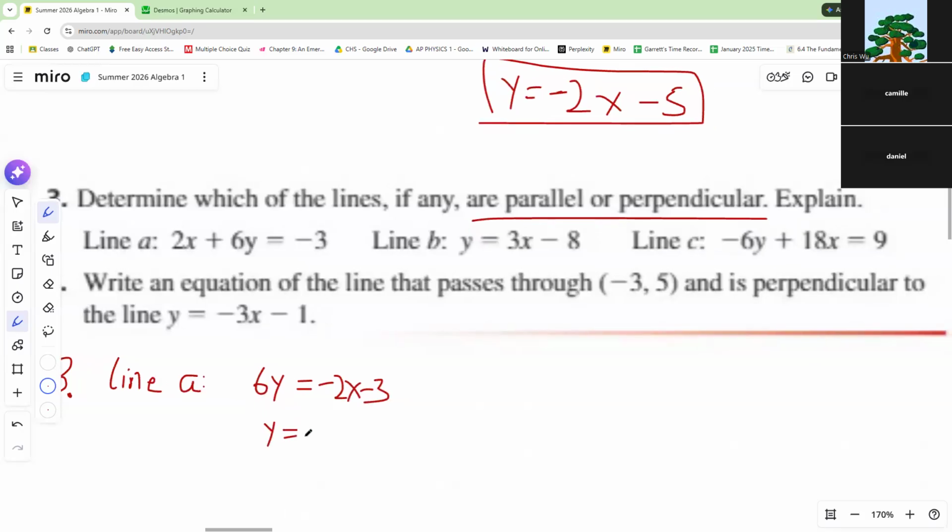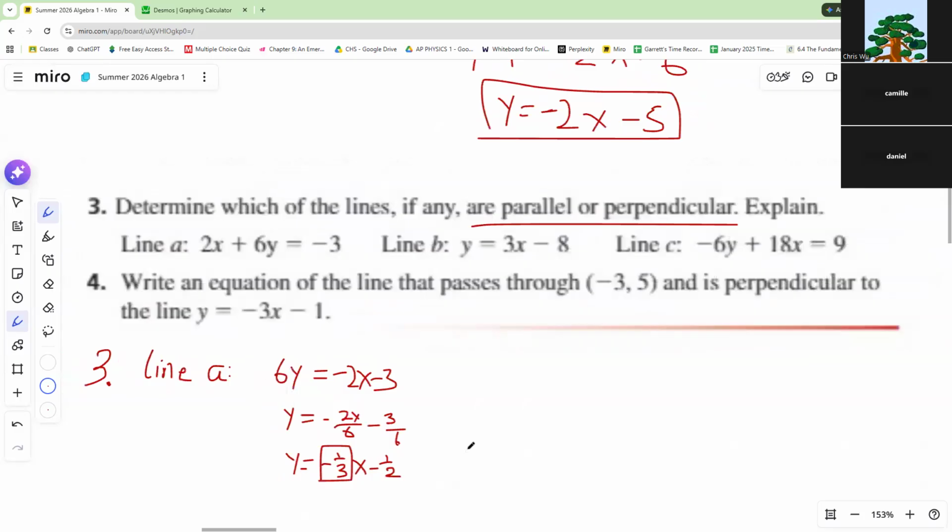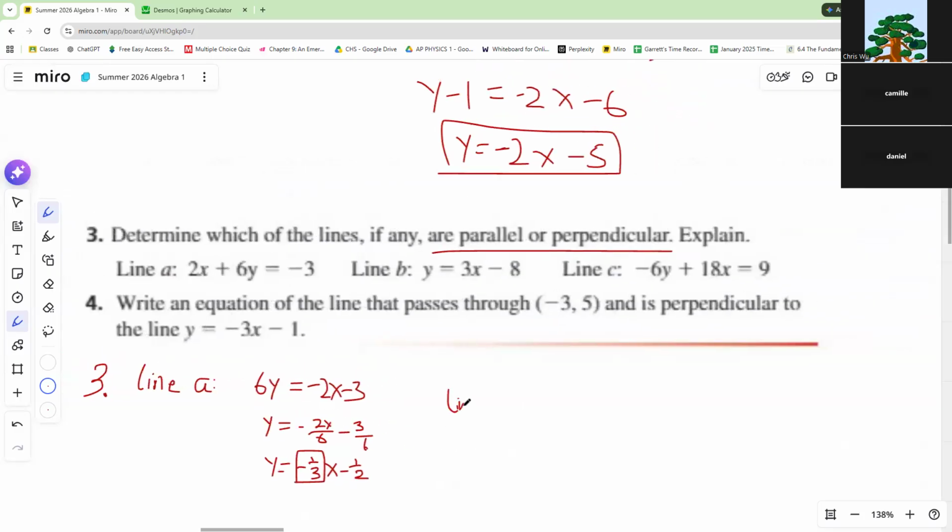So y equals negative 2x over 6 minus 3 over 6, right? So it's going to be negative 1/3 x minus 1/2, right? So the slope is negative 1/3. And then line B, we already know the slope, right? m is equal to 3.